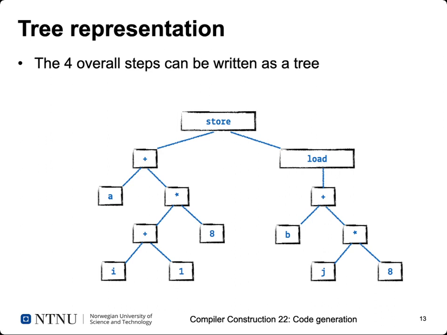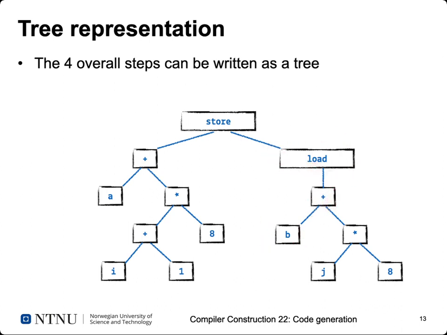If we continue looking at our example assignment, the 4 steps we have to take can be written as a tree. On the right hand side we calculate the offset into array B. We take our index j into array B, multiply it by constant 8, add this to our base address of B, and perform a load operation.